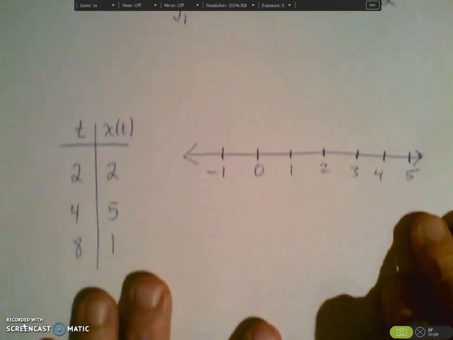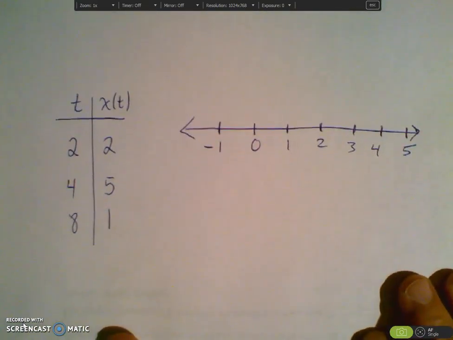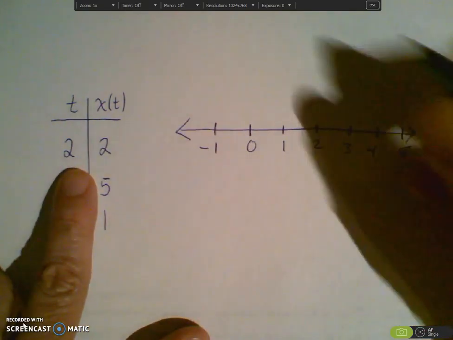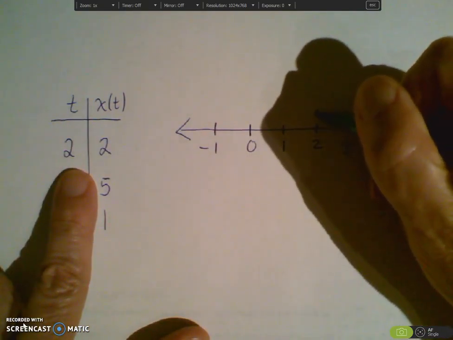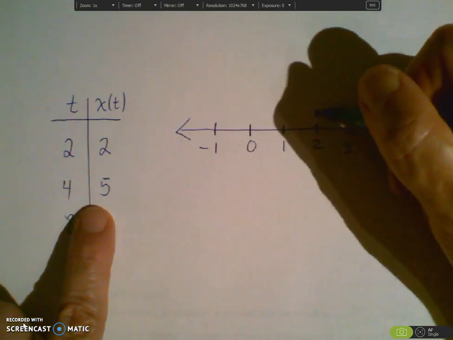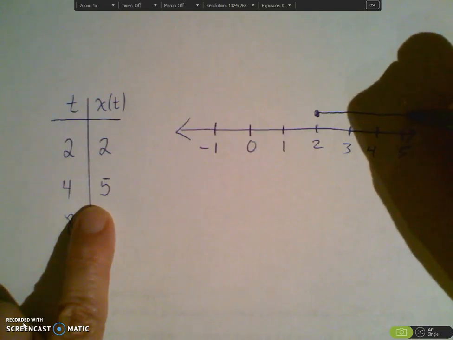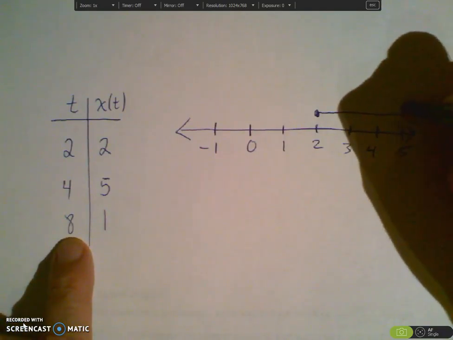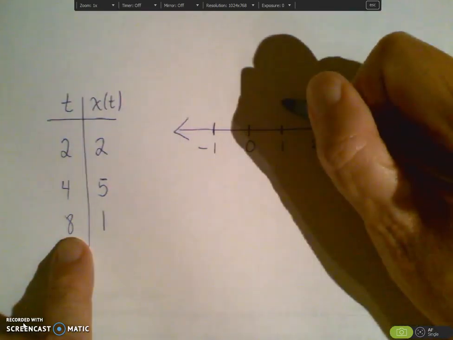Again, the chart shows us the position at the end point and at a critical point. This time, at time value 2, we're located at 2 on our number line. Then, at time value 4, we're located over here at +5, so we've moved to the right. And then, at time value 8, we are back here at 1.